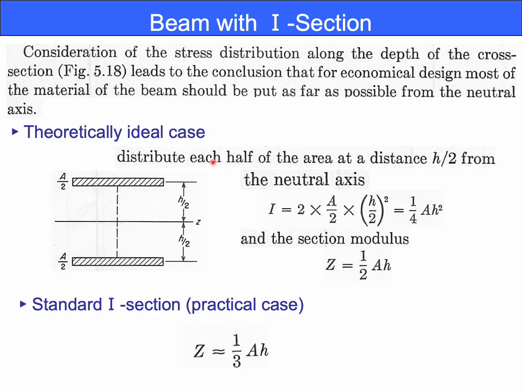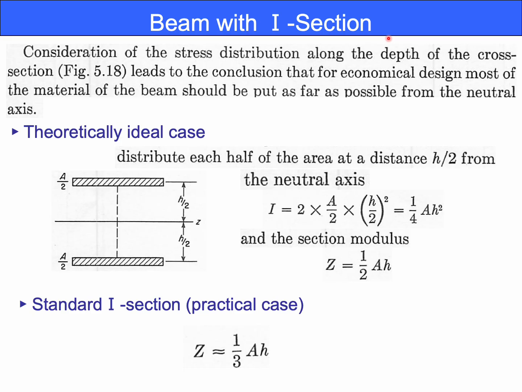The inertia is computed in a simplified way. I equals 2 times A over 2 times (h over 2) squared, which makes 1 over 4 Ah squared, and the section modulus is obtained by dividing I by h over 2, making 1 over 2 times Ah.